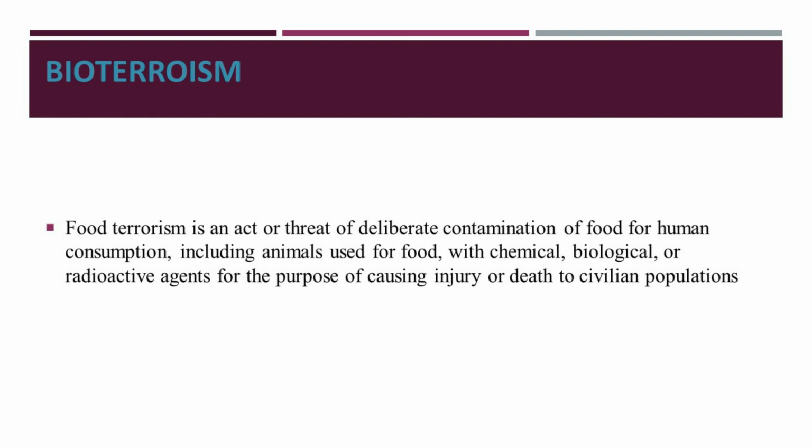Terrorists could attack livestock, crops, or processed food at any stage of the food supply: production, processing, harvesting, storage, manufacturing, transport, distribution, or services.